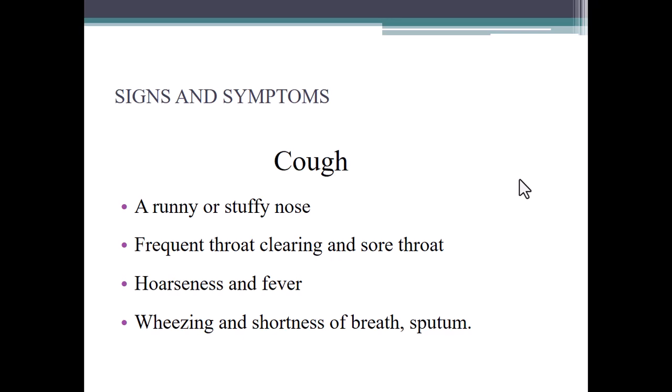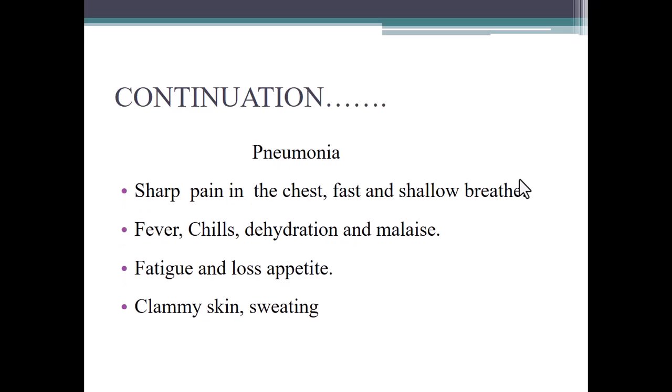There are two types of cough: dry cough and productive cough. Dry cough is the one without sputum, but a productive cough is when a patient presents with a cough with sputum, like they are able to spit it out. This cough is different from maybe the TB cough, the tuberculosis cough.